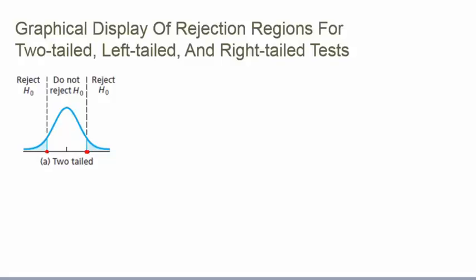The rejection region would be any values to the left of our smaller value or to the right of our larger value. Our do not reject region would be between the two values.